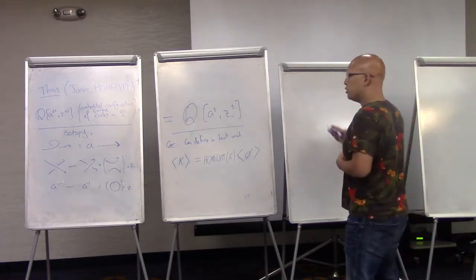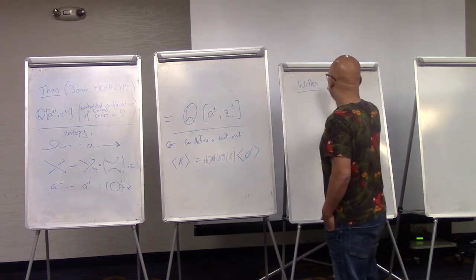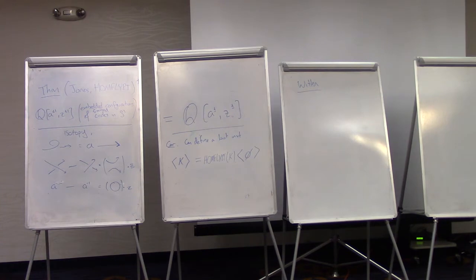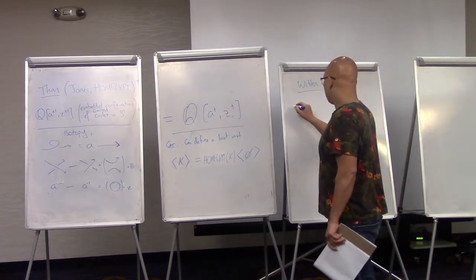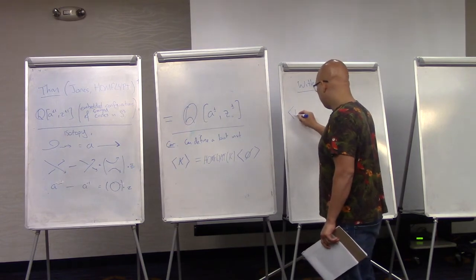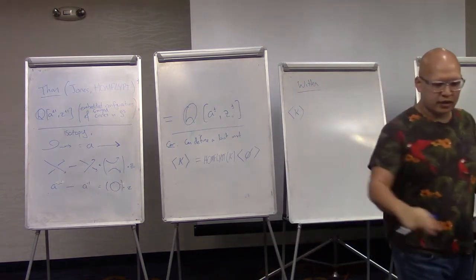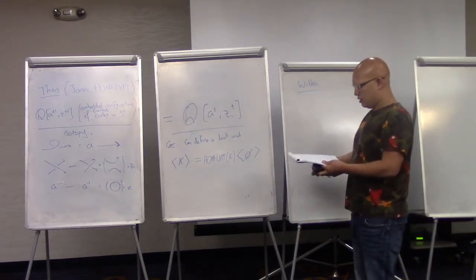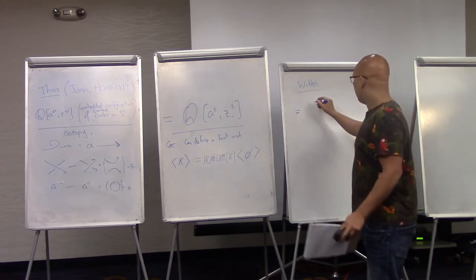So then, a few years later, Witten gave some kind of explanation. And his explanation, I'll write it as a formula, is this. This knot invariant is equal to the following quotient.